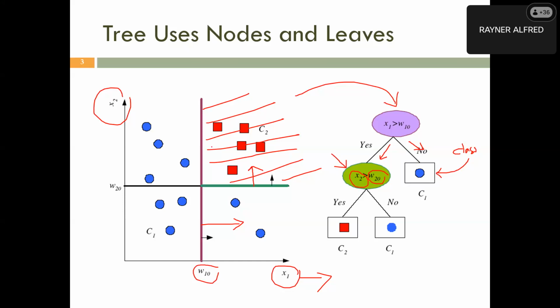So further, we say if this is yes, then we need to further say, okay, if X2 is greater than W20, then we say the class is red rectangle or red square. If no, that means it is a blue circle. Okay. So that's how we translate the graph into the decision tree.